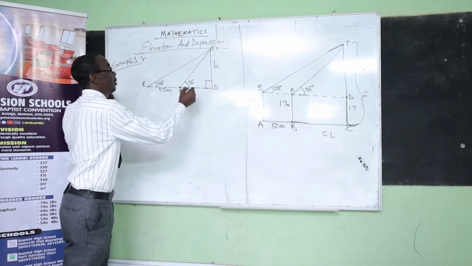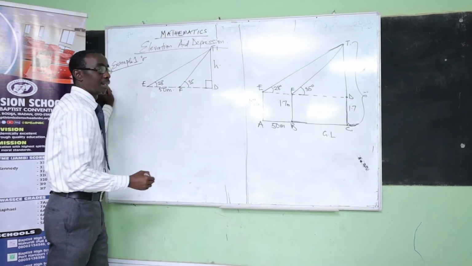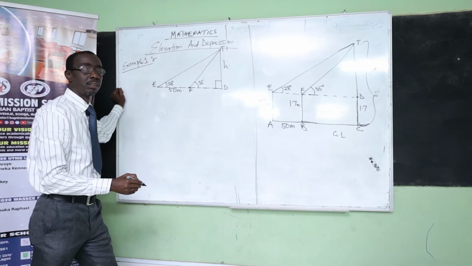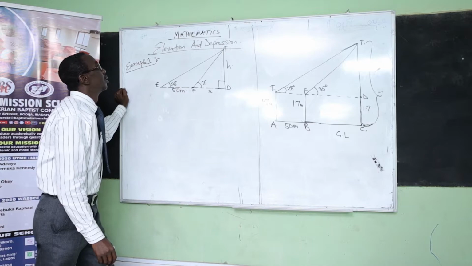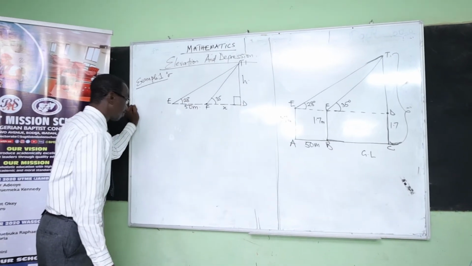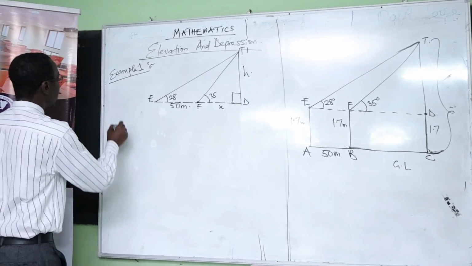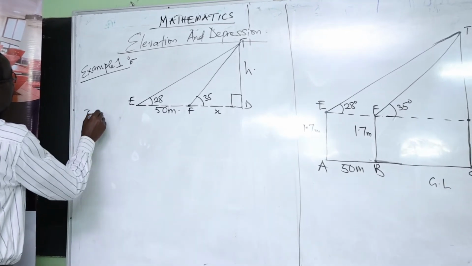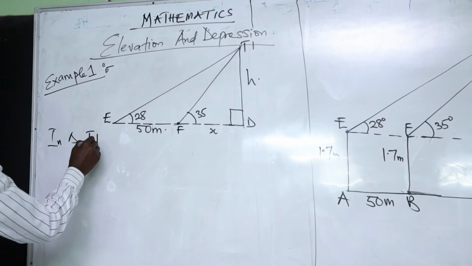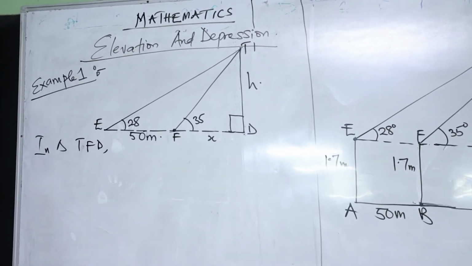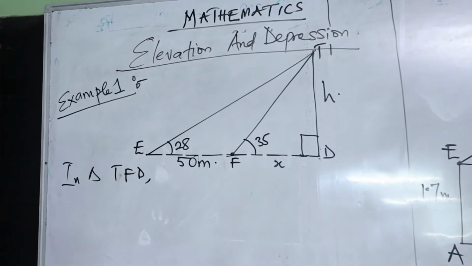Do we know FD? Class, do we know FD? So I can call it X. So in triangle TFD is a right angle triangle, yes or no?